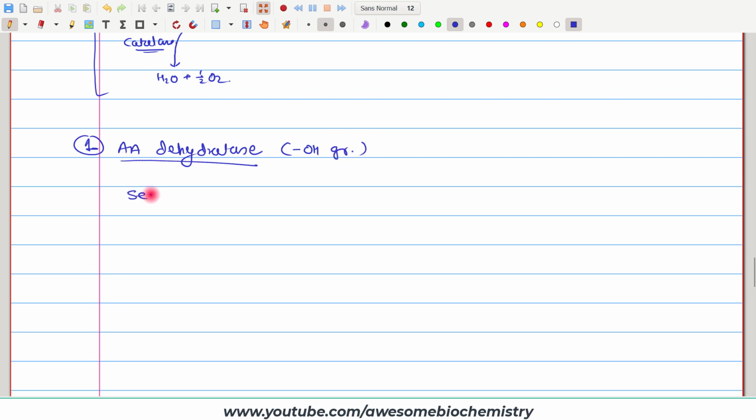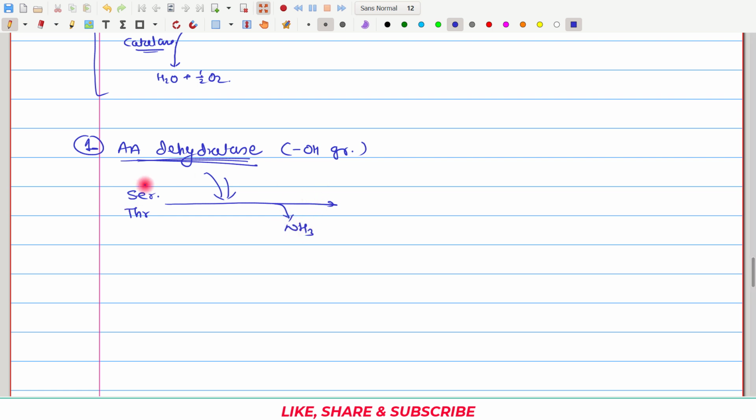So, we have serine and threonine as hydroxyl group containing amino acids. This enzyme works on serine and threonine, and it causes the removal of the amino group as ammonia, and they get converted to their respective alpha keto acids.